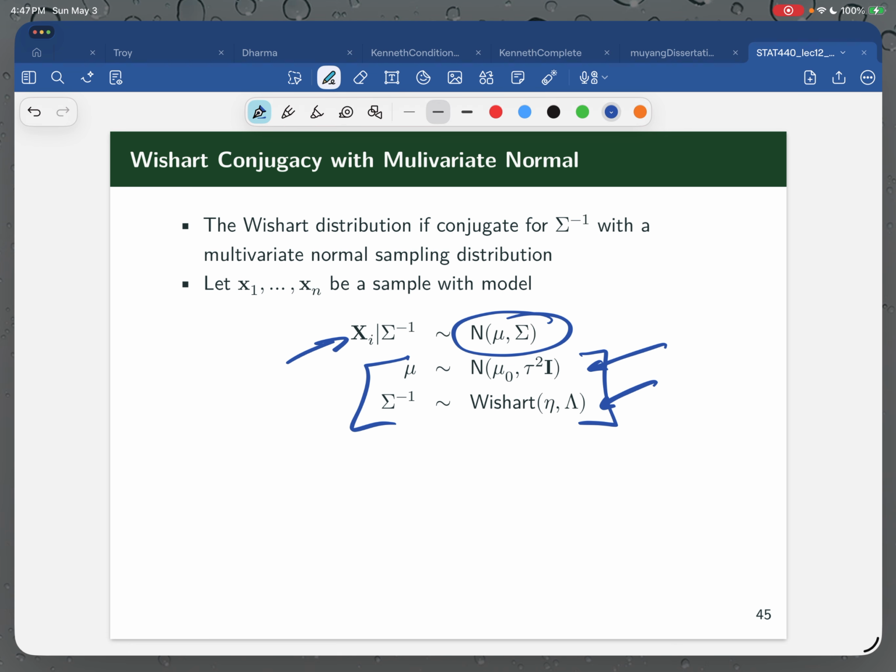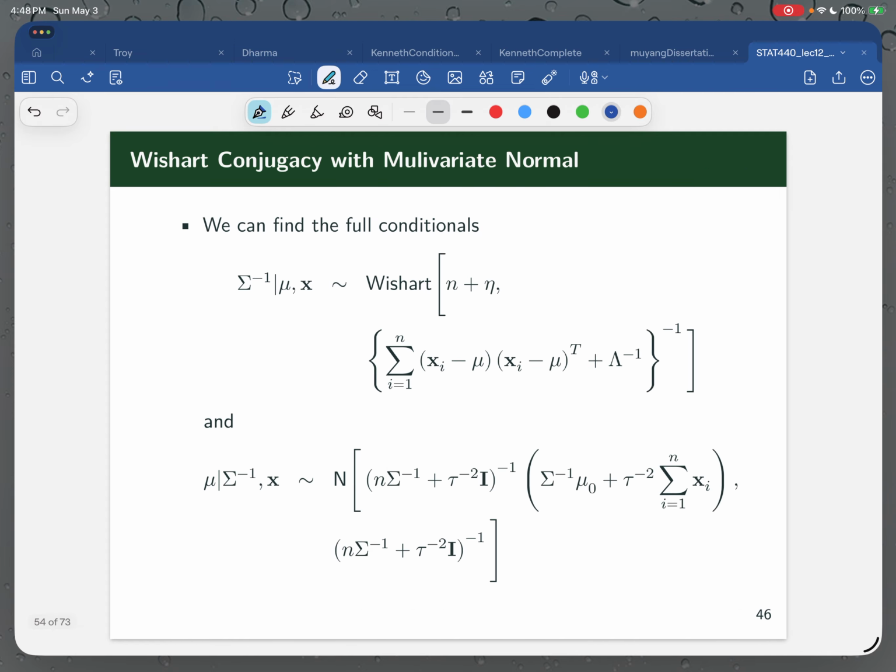And so you might be asking yourself, we put priors like sigma squared I, pretty simple priors, when we were talking about this before, but this Wishart in some senses allows us more flexibility than earlier models that we have looked at in this course. And it's conjugate, so you can work it out. This is the posterior of the precision matrix given mu and x, and because it's conjugate, we know that it's Wishart.